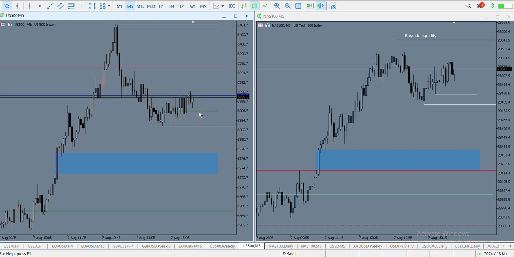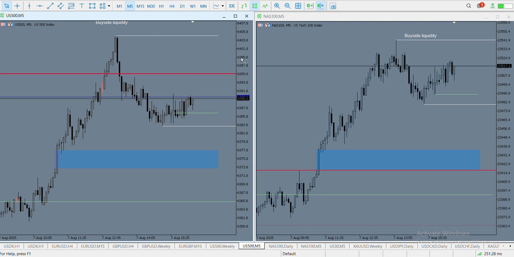So we've opened up right here, and I've been only talking inside this price action here. We've not really done much movement outside this high and this low. In NAS 100, we opened up right here. We've not really moved a lot outside this high here and this low.